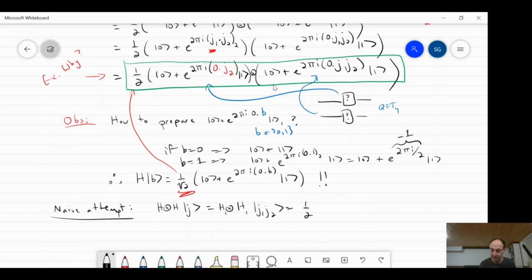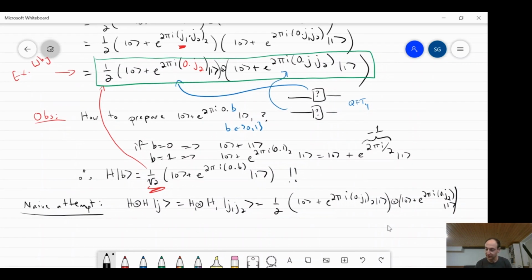Well, then you're going to get a half times 0 plus e to the 2 pi i 0.J1, right? Tensor, 0, sorry, plus e to the 2 pi i 0.J2, 1.